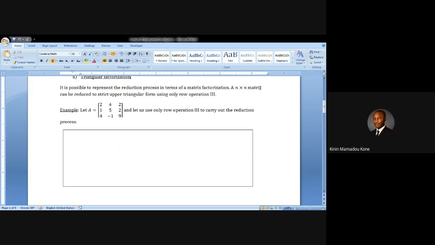An m by n matrix can be reduced to strict upper triangular form using only row operation 3. So let's see an example. Let A be a matrix. Let us use only row operation 3 to carry out the reduction process.